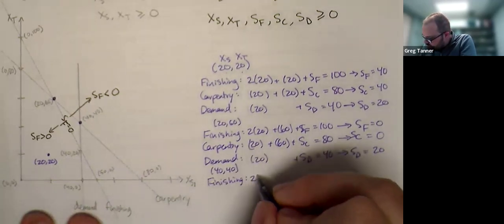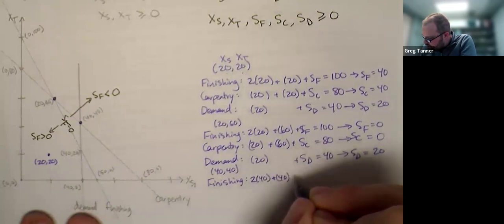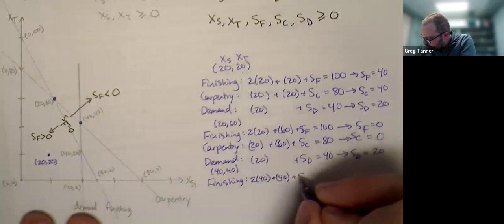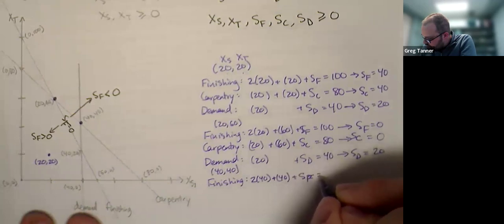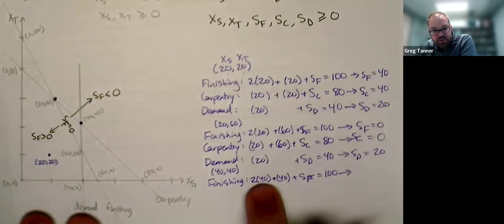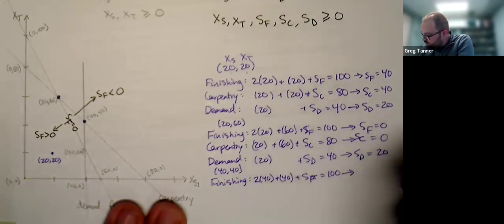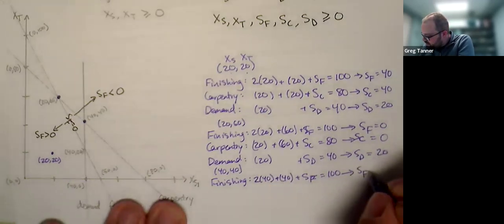We'll have 2 times 40 plus 40 plus SF equals 100. And that will give us 2 times 40 is 80, plus 40 is 120. If we subtract 120 from both sides, that gives us that SF equals negative 20.